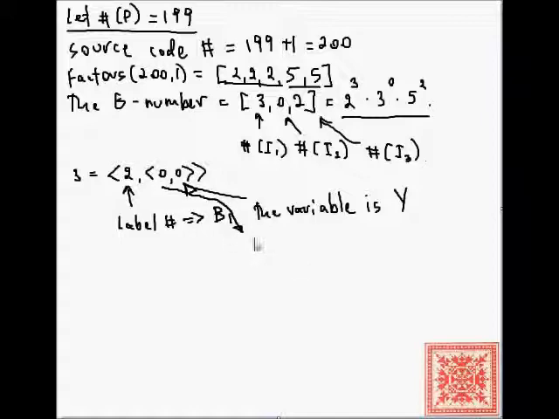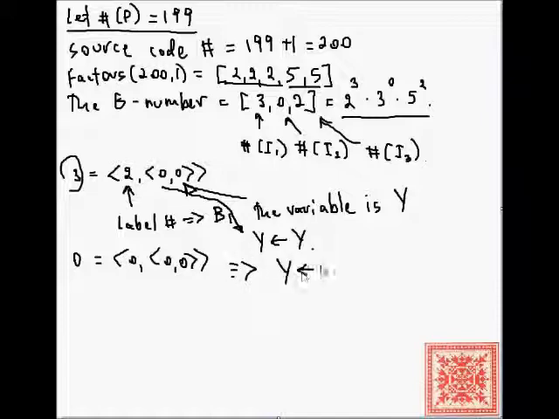It's C plus 1, that's the first variable, y, and 0 is the number of this no-op operation, y arrow y. Okay, so what's the pair corresponding to 0? That's 0 and the pair of 0. That means that the instruction is unlabeled y arrow y.